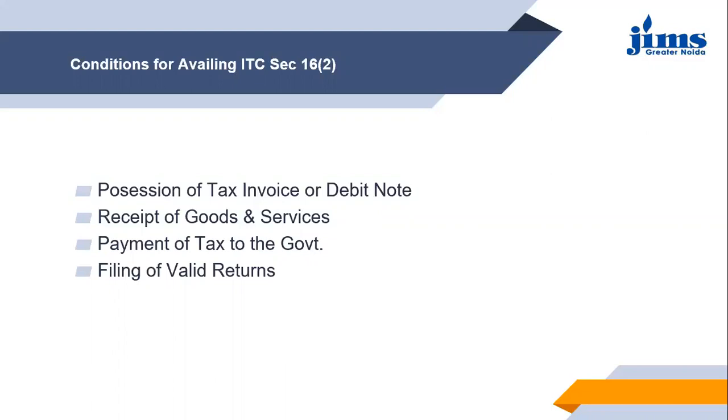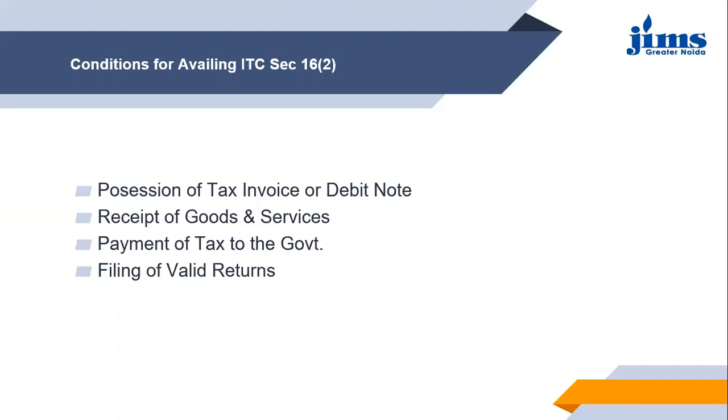So obviously, while claiming your ITC, it is necessary that the supplier has actually made the payment to the government in reference to the goods or the services for which you are claiming your ITC. This payment can be done by the supplier either by making the payment through cash, or through utilization of ITC.